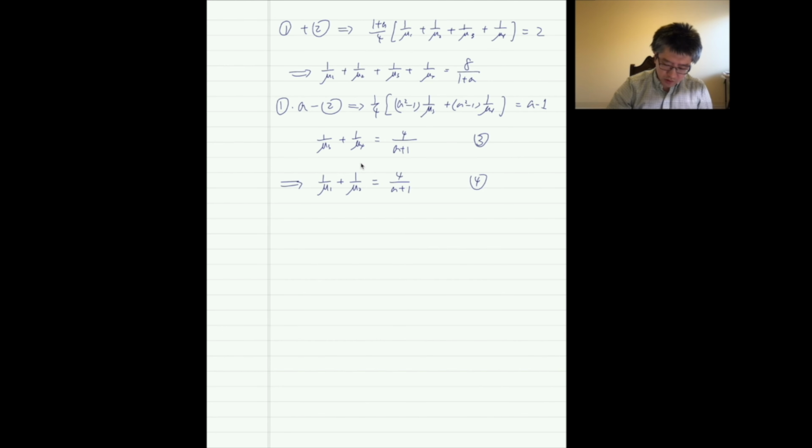The second equation is this one: lambda transpose equals m transpose times q transpose. Now let's try to compute this and see what we can get. Remember that lambda transpose here is nothing but mu1, mu2, mu3, and mu4.